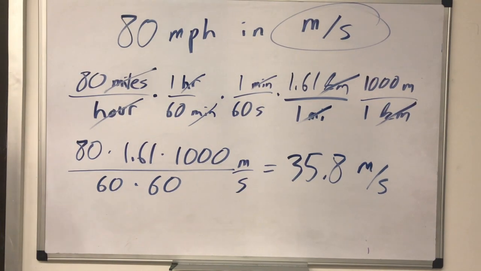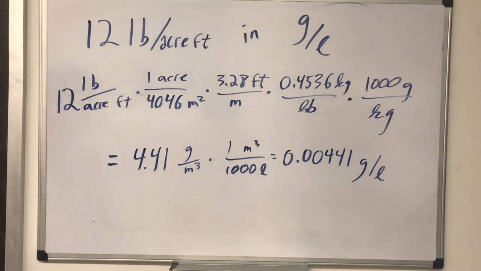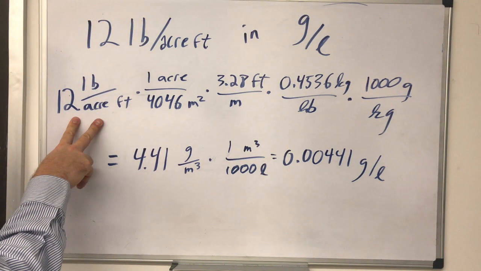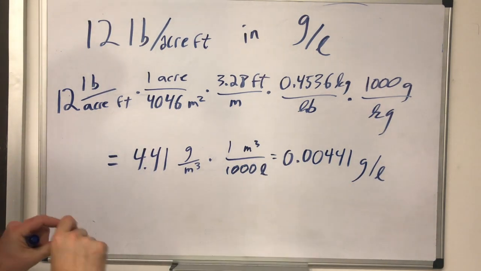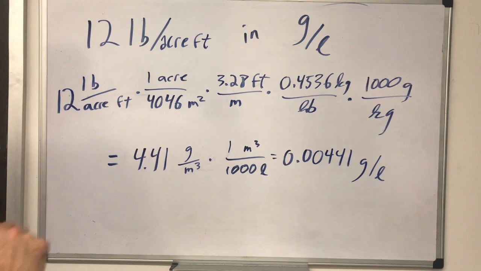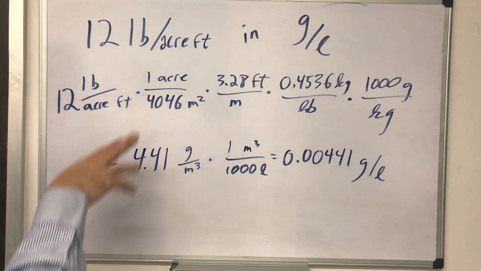All right, finally, just for fun, you may want to know how many grams per liter you'll have if you apply an aquatic pesticide at a ratio of 12 pounds per acre foot. Well, here you go. I didn't want to write it all while you're watching because then what if I made a mistake? Anyway, this is faster. So I just take 12 pounds per acre foot. An acre foot is the amount of water that it takes to fill 1 acre 1 foot deep in water.